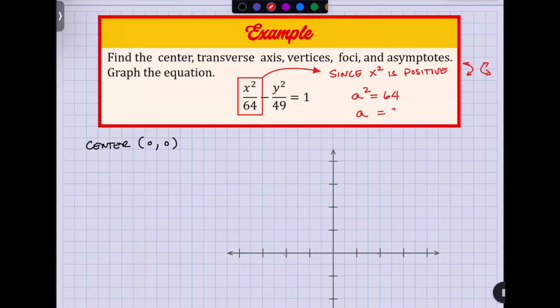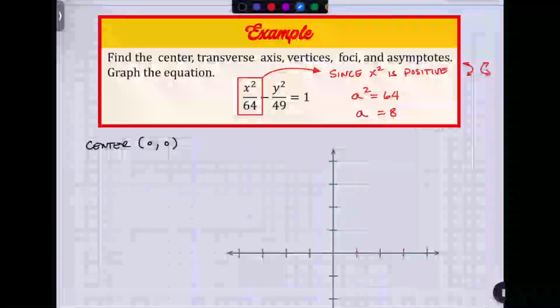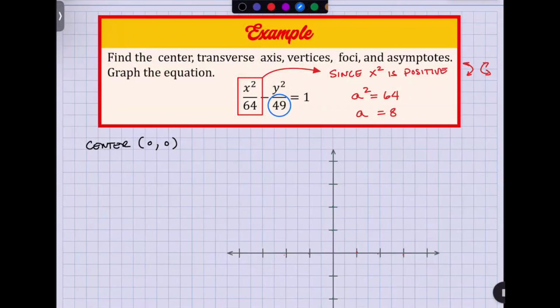A must equal 8. Therefore, my b squared must equal 49. So b is equal to 7.